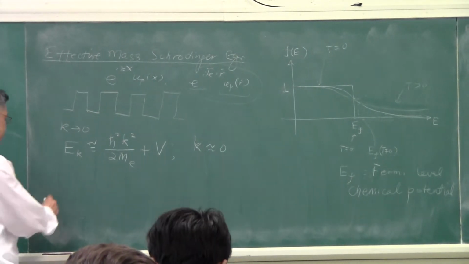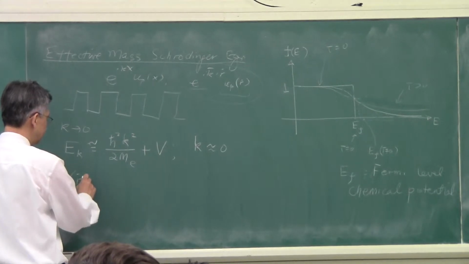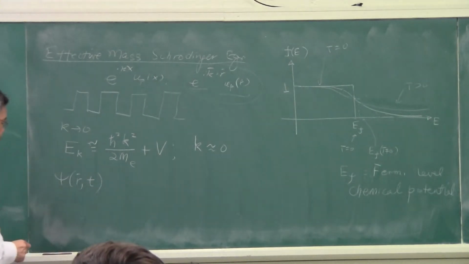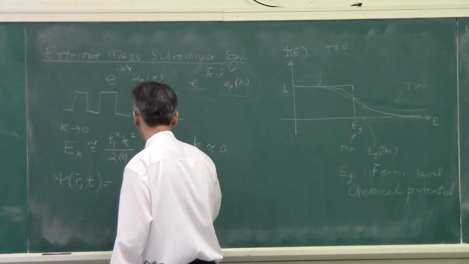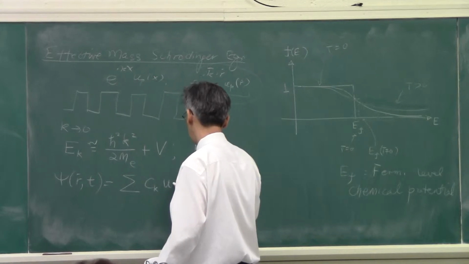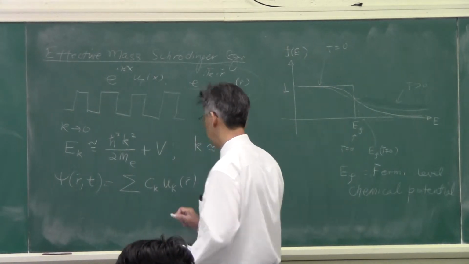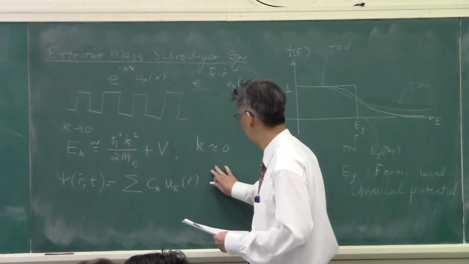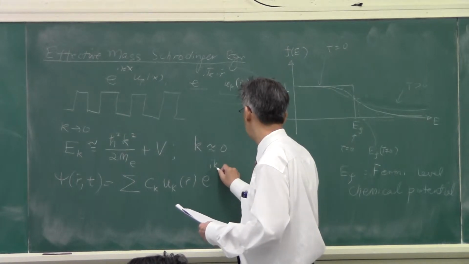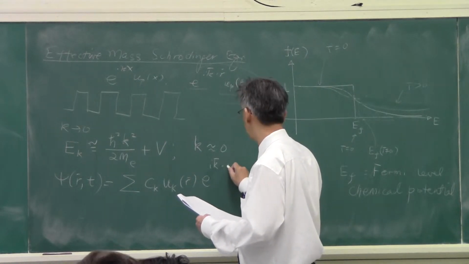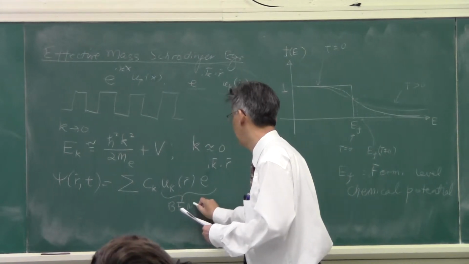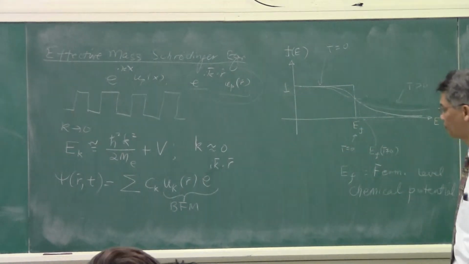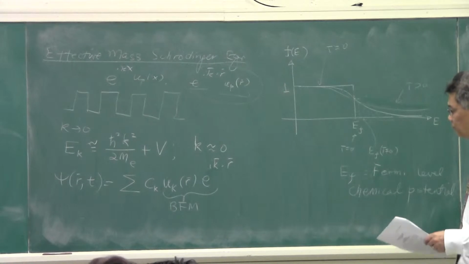Then I ask myself, the wave function that I should have that propagates through this crystal lattice must be a sum of the Bloch modes that are possible. Okay, the sum of the Bloch modes. Each of these Bloch modes will look something like this. Okay, this is my envelope function multiplying the Bloch mode, or Bloch wave.